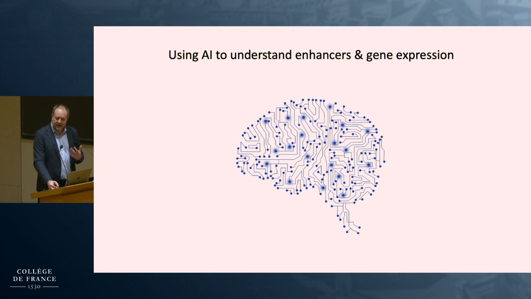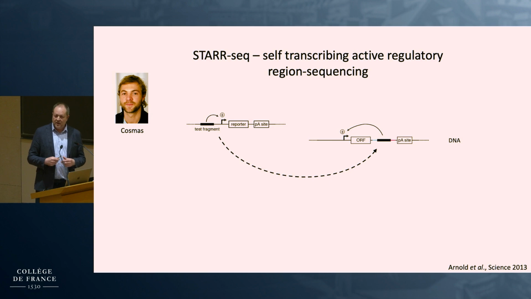And so, rather than working with these embryonic enhancers, of which we had only a few thousand, we initially switched to a different way of finding and functionally characterizing enhancers.